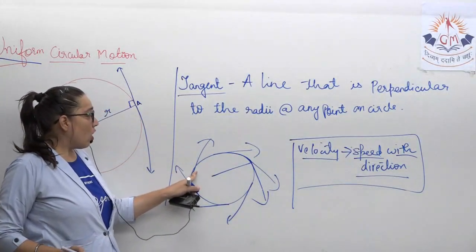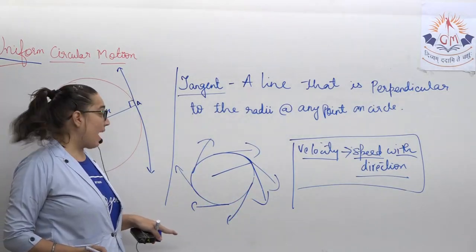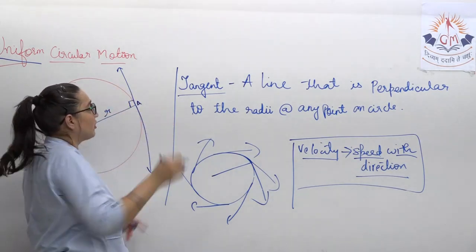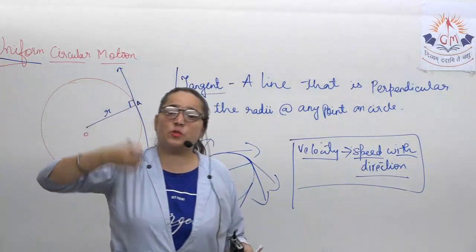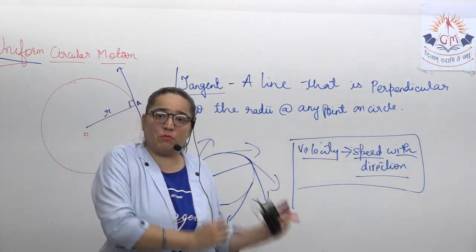The speed of the object over here is remaining fixed but the direction is going on changing. And this is how the uniform circular motion goes on. The object is moving with constant speed but the direction is going on changing. So it is a uniform circular motion.